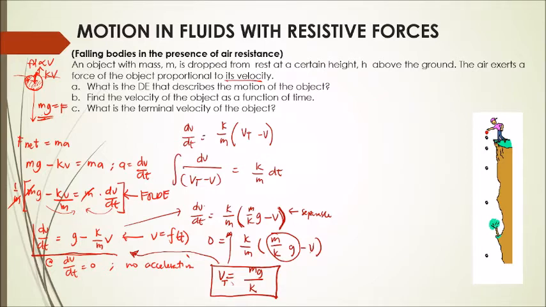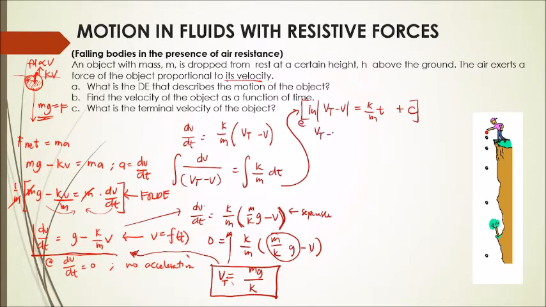So when we integrate this, it becomes ln of vt minus v, then equal to k over m, which is a constant, so we keep it as is, times t plus c. Okay, we have integrated. And then we raise everything to e to eliminate this ln.